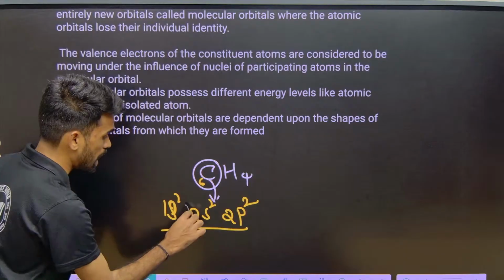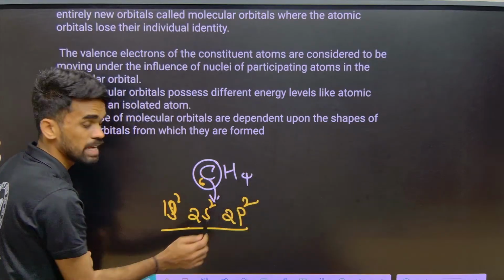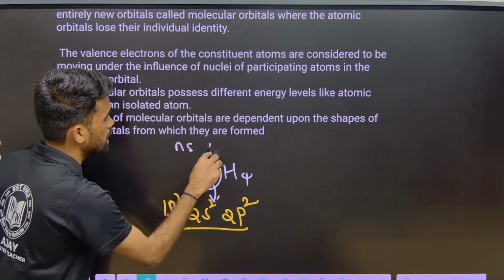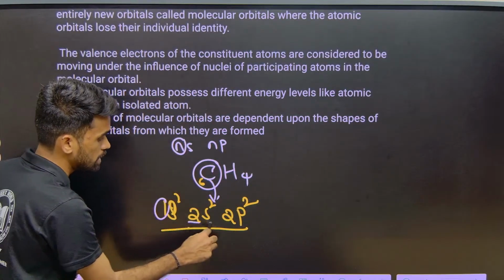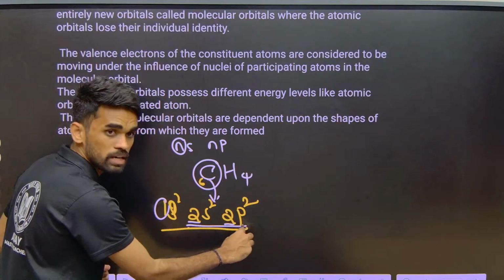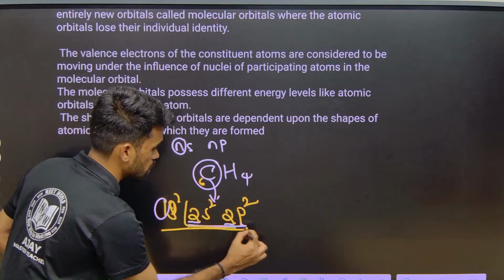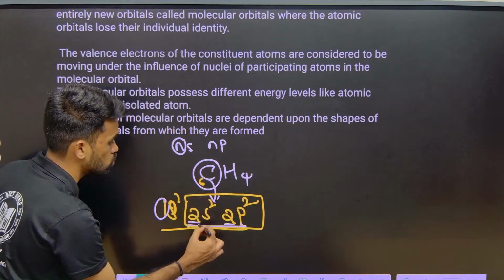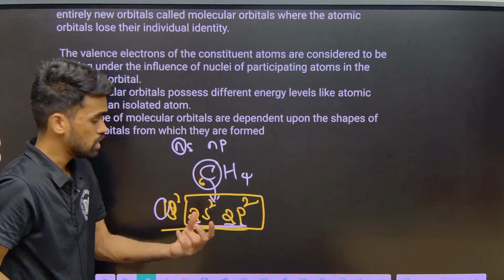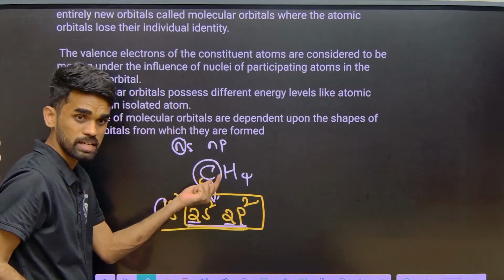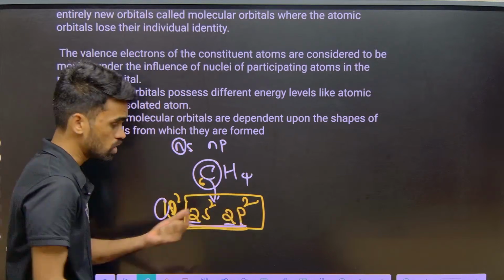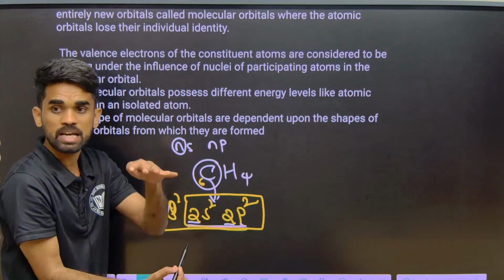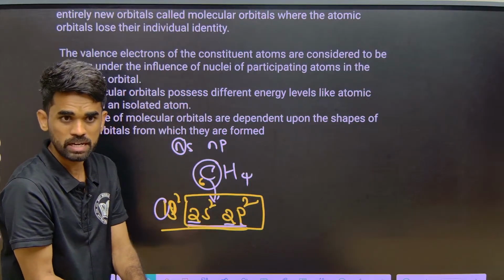But valency means looking at the highest n value. Here it is 1, here it is 2. So the highest n value is 2. The orbitals corresponding to that highest n value are considered valency electrons. How many are there? 4. These 4 valency electrons take part in chemical bond formation, as I discussed.